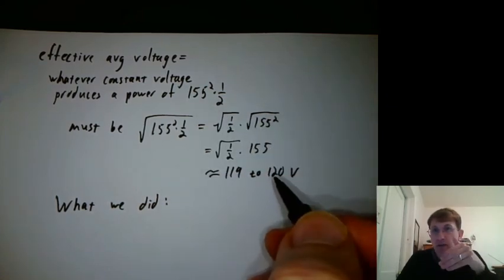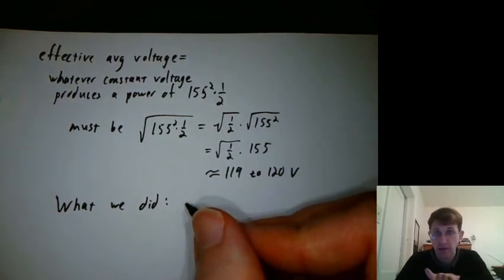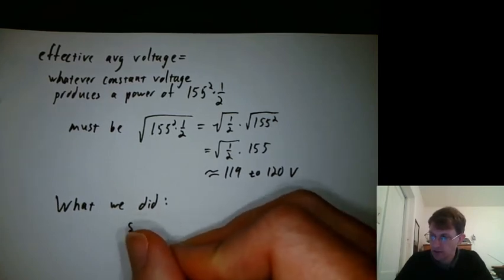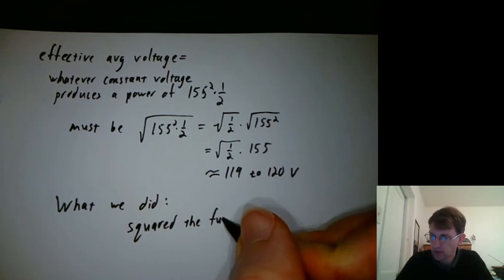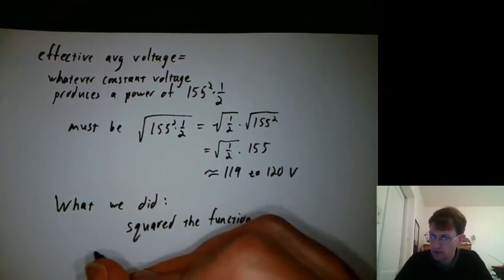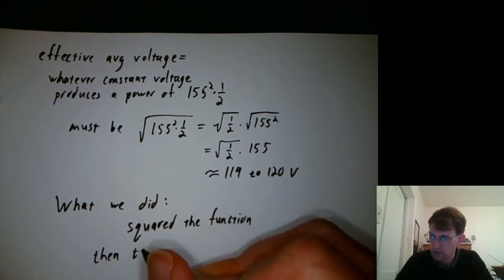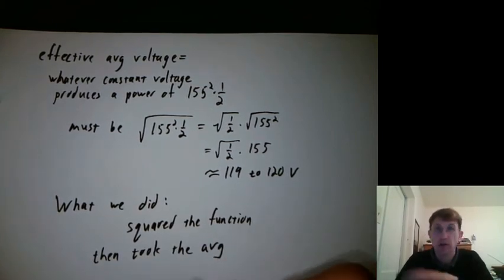You would need a constant voltage of 120 DC rather than AC. What we did is we squared the voltage function. Then we took the average. Then we took the square root.